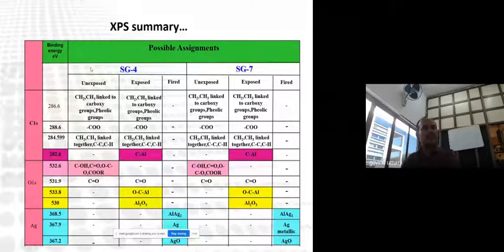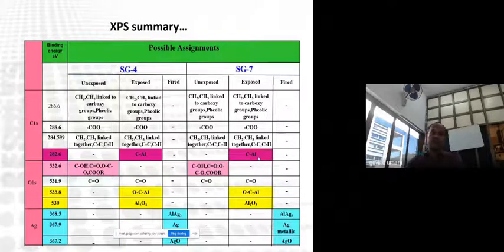So in summary, from all that, what we observed is the possible assignment with binding energy. For C1s in the unexposed and exposed samples, we got both C2 and C3 linking, the carboxylic group and the phenolic group are also observed. But in the exposed sample, not fired, we got C-Al bonding, which we observed after cross-linking.